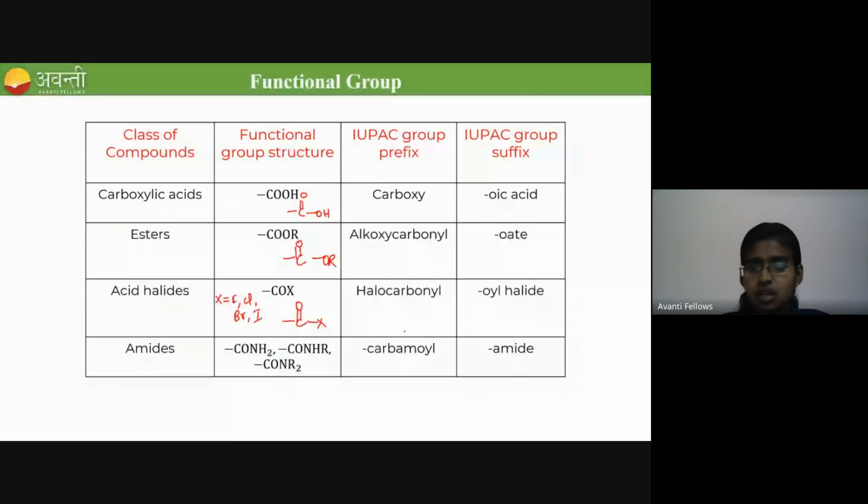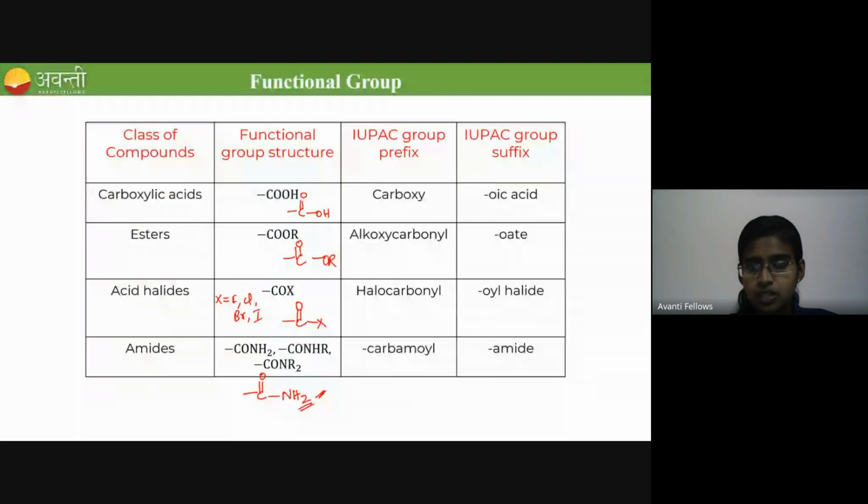Coming to amides, the formula for amide is RCONH2. If these hydrogens are replaced by alkyl groups, you will have secondary and tertiary amides. The prefix for amide is carbamoyl and the suffix is amide. Got it?